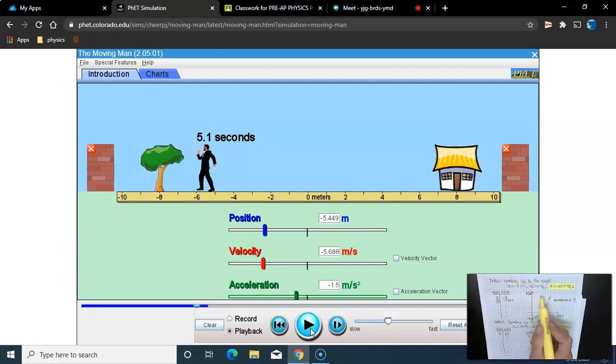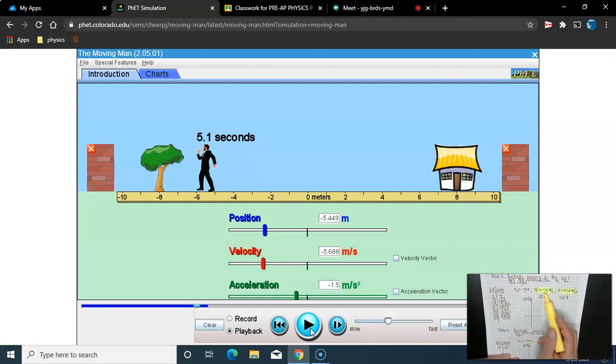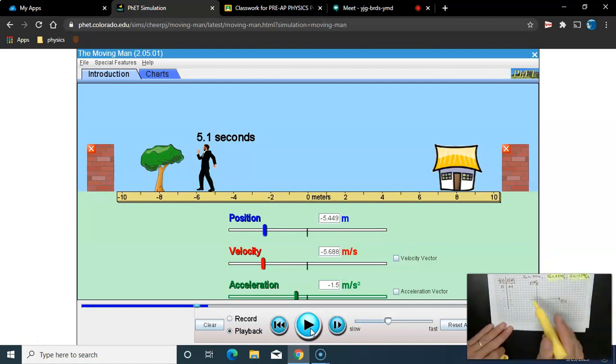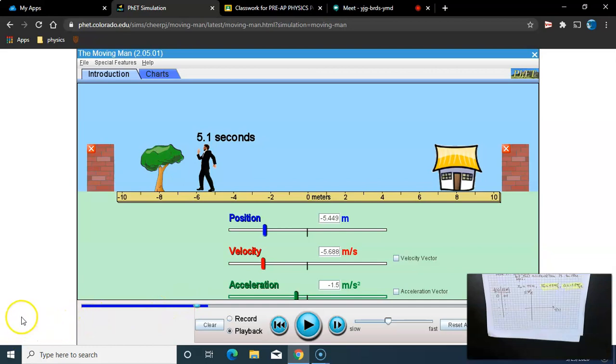Then initially moving to the left but accelerating to the right, this one I did in class. And the last one that you're supposed to do on your own, the guy is moving to the right but accelerating to the left. 4 tables, 4 graphs is what this lab contains.